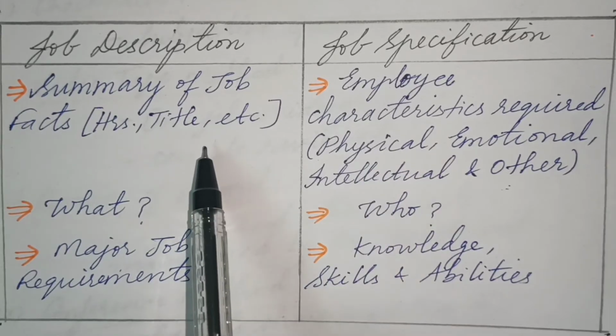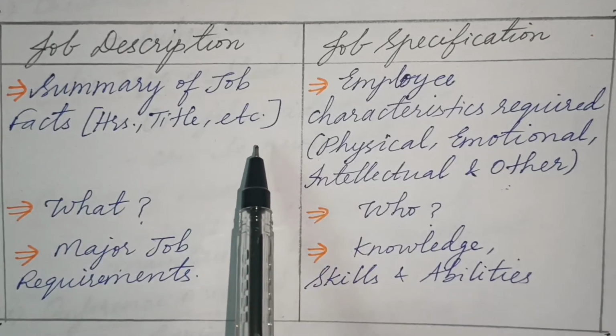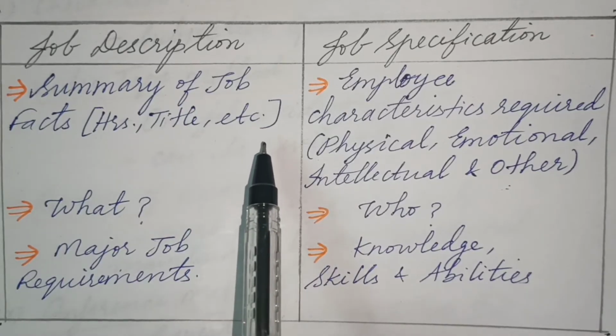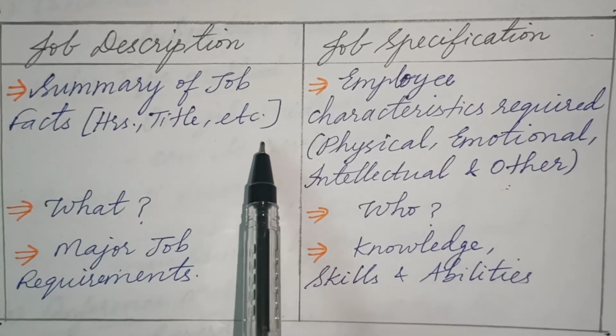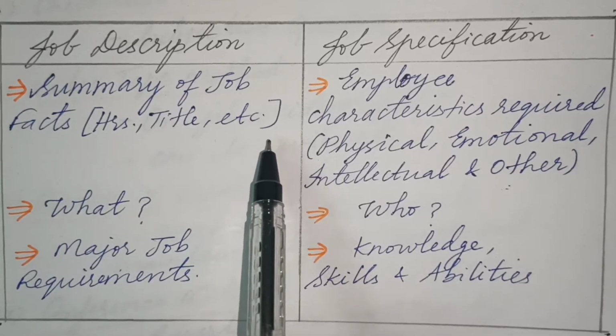So job description is a description of the job, while job specification specifies the characteristics that is expected of an employee who will be performing this job. So that's what is the difference.